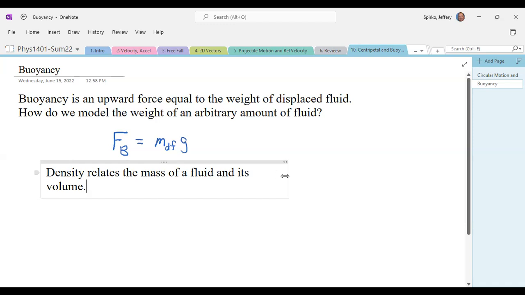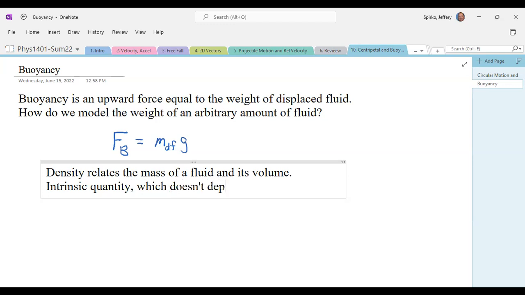We like the quantity density because it's an intrinsic quantity. And having an intrinsic quantity basically means it doesn't depend on the sample size.